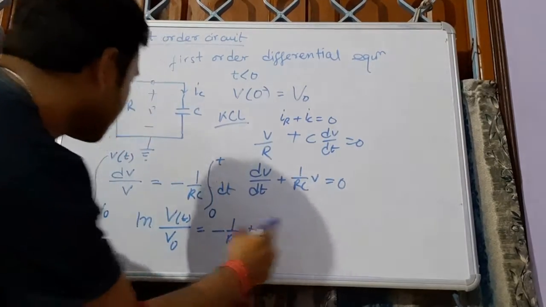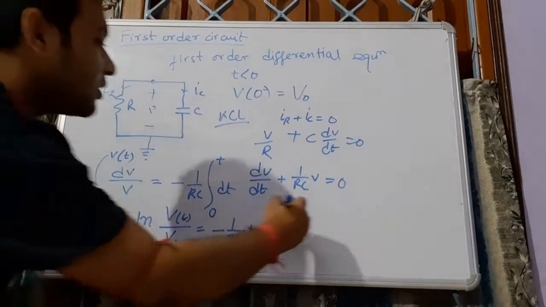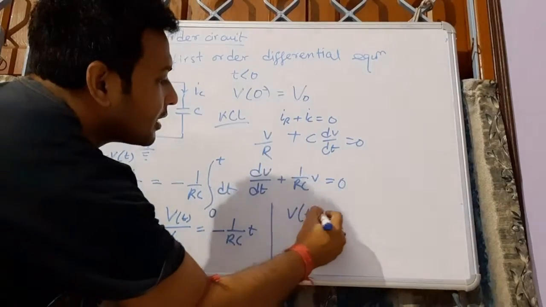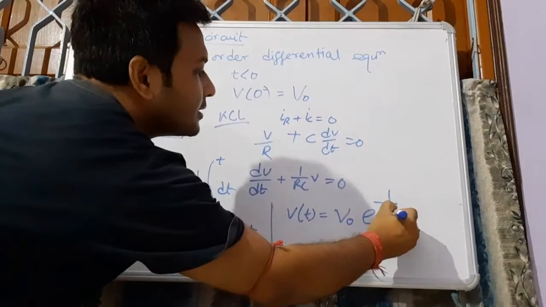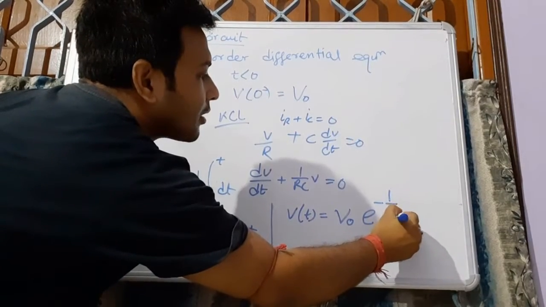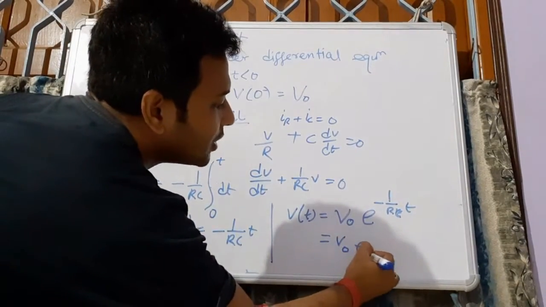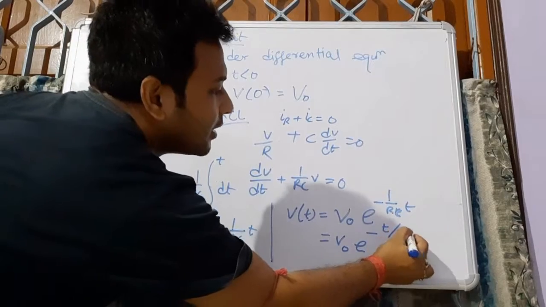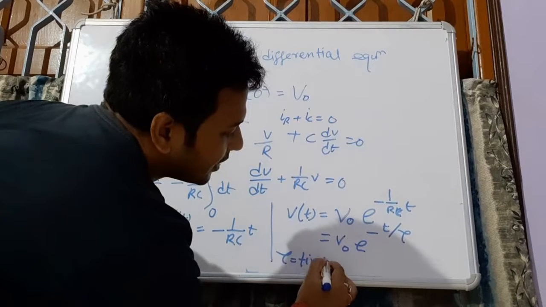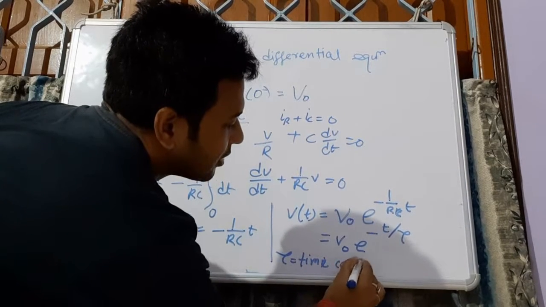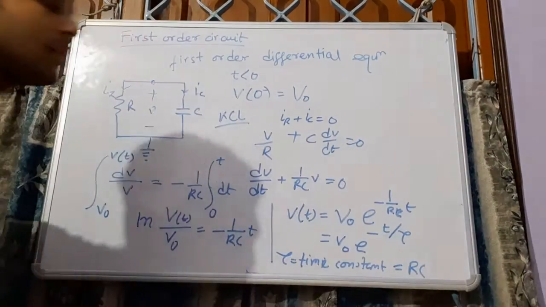Now if I take the anti-log on both sides, we get V(t) equals V0 e to the power minus t/RC, and it can also be written as V0 e to the power minus t/tau, where tau is the time constant, and that equals RC.